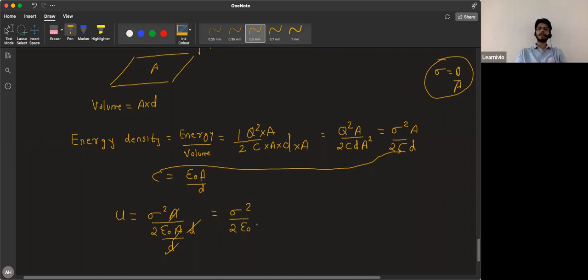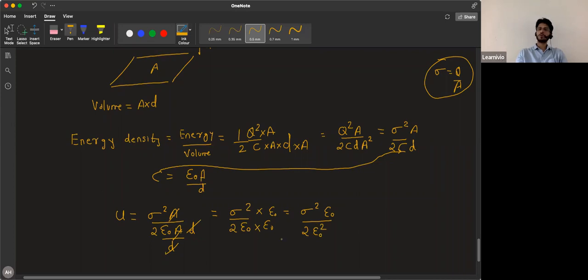Next, I'm multiplying and dividing by epsilon naught, multiplying the denominator and numerator with epsilon naught. So I will get sigma square epsilon naught divided by twice epsilon naught square.